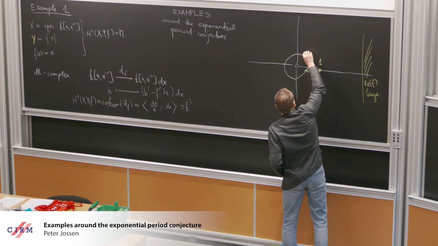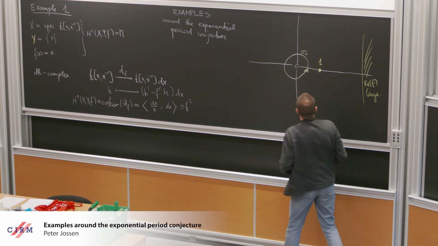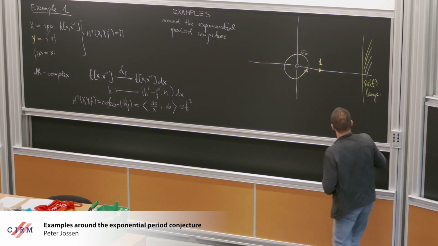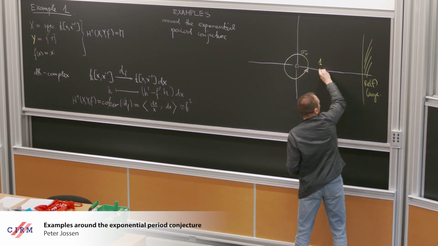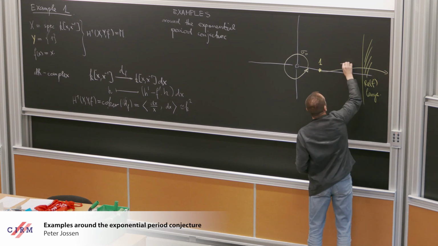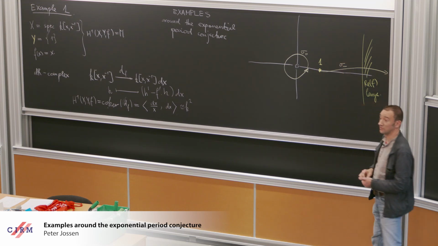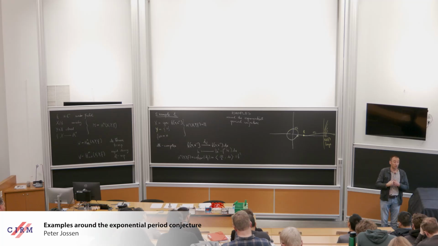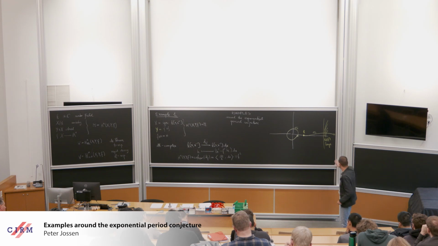So I have here this cycle, and I have another one, which is a path that goes from 1 vaguely to plus infinity.